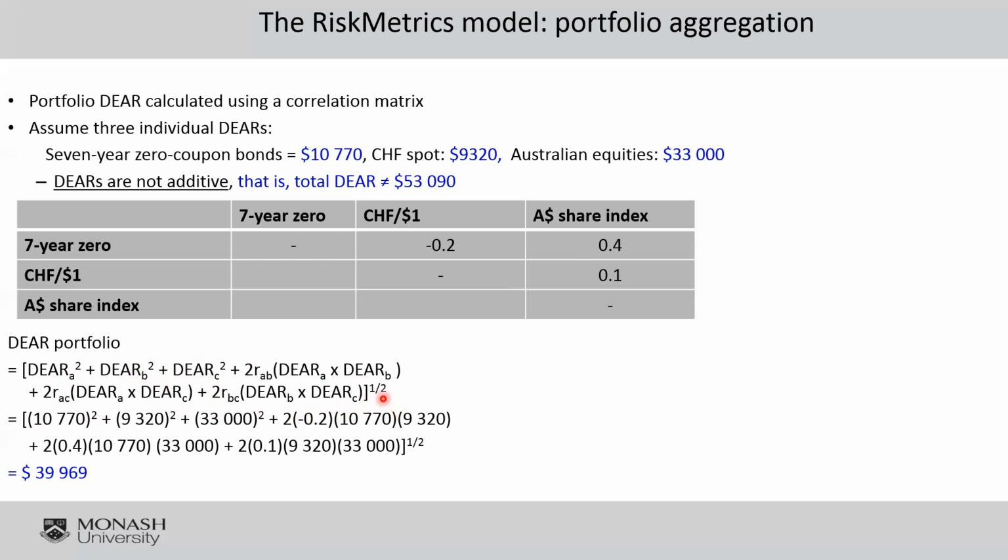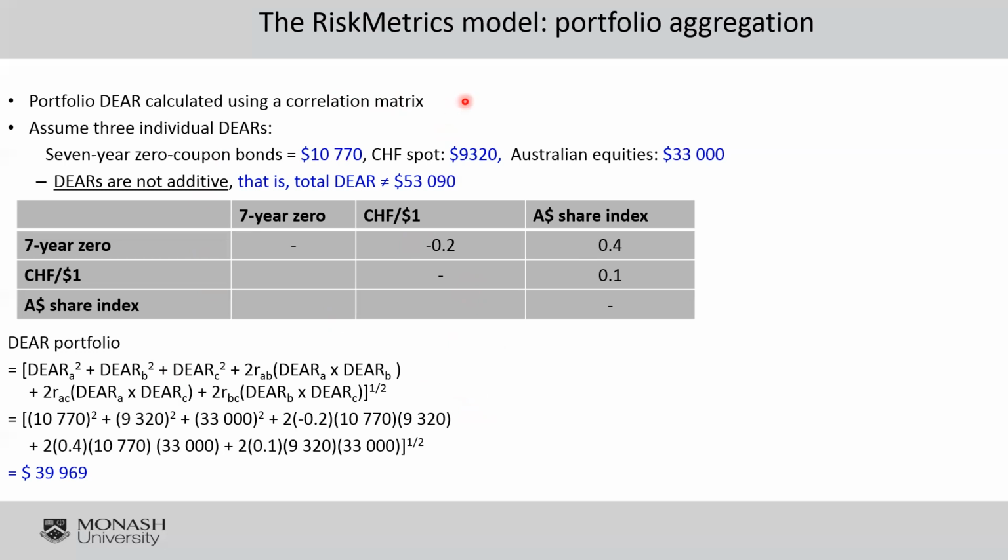Then we add them all up, and we want only the standard deviation of this, and we find it to be actually 39,969. This is the risk of all my portfolio. So we have to calculate the DEARs and put them in this matrix to get the aggregate risk.